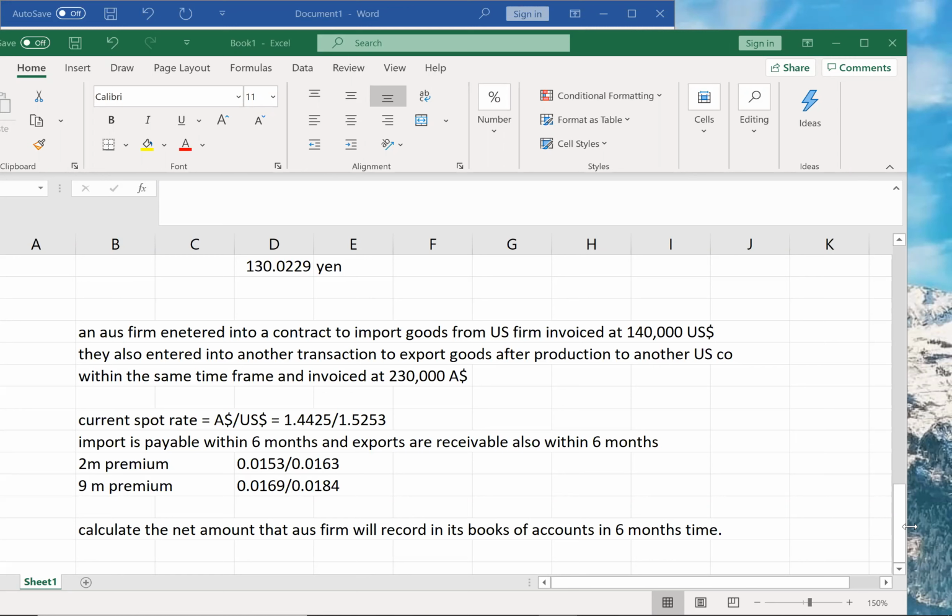Another doubt is we cannot net off because the currency isn't the same. Correct, netting off will not be there because one amount is in US dollars and another amount is in Australian dollars. So we cannot net off.